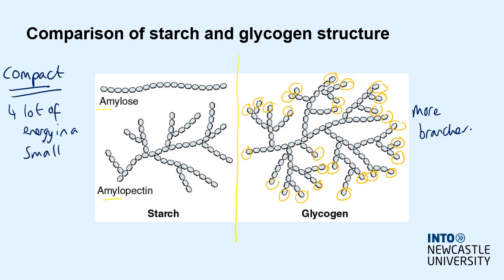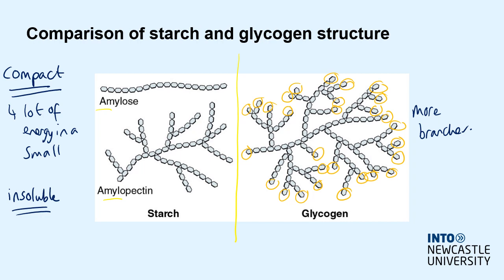Another key idea is that they are both insoluble. This is important because if we had glucose in our cells, that glucose would dissolve in the cytoplasm of the cell, in the solutions in the cell, and it would affect the osmosis, the water balance of the cell. We'll talk about osmosis in more detail in the coming weeks.